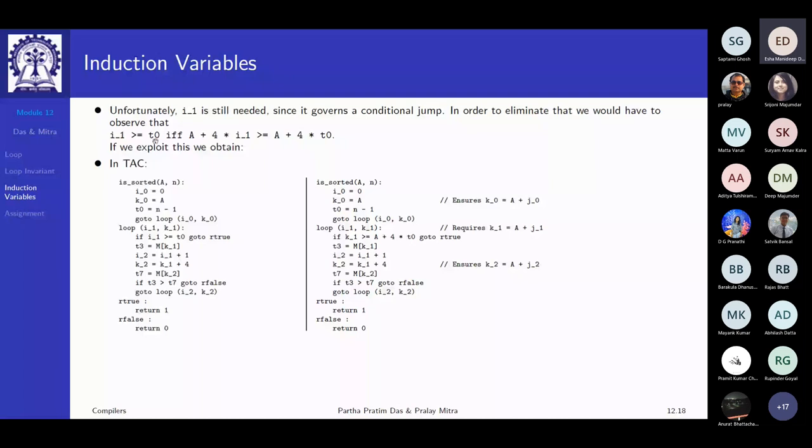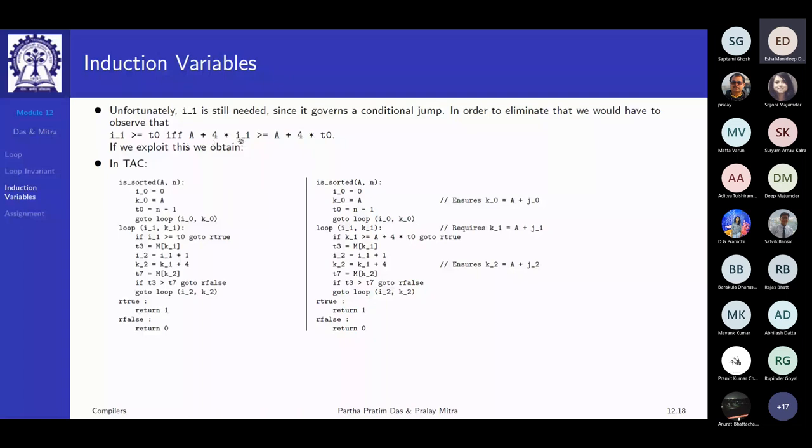So we do a trick of converting this comparison in the form of a derived induction variable. Why? What is the motivation for doing that? My other induction variable is K, which is actually A plus 4 times I.